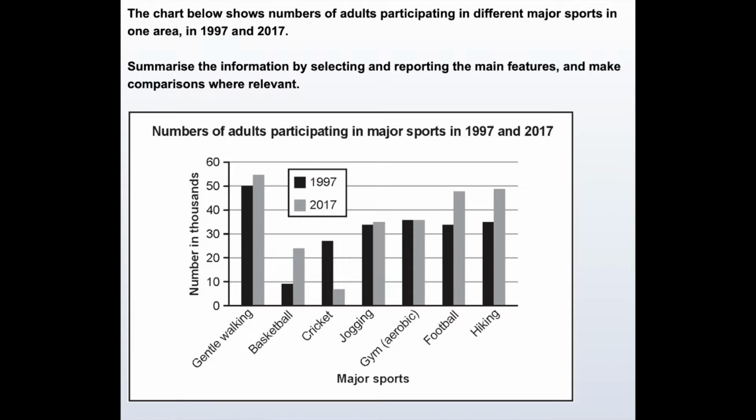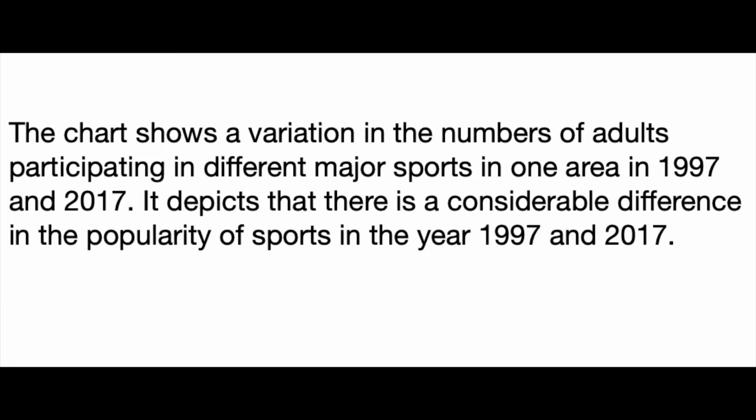So for example, in this case, in the first paragraph, you can simply explain what the chart represents. So you can say that the chart shows a variation in the numbers of adults participating in different major sports in one area in 1997 and 2017.